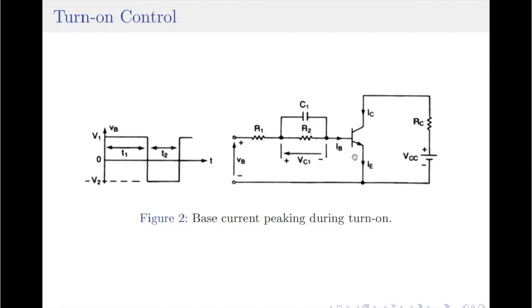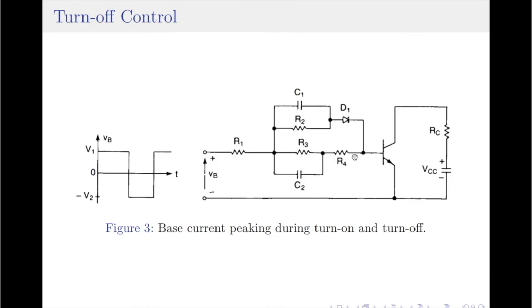On the other hand, if you want different turn on and turn off times, then you will use a circuit as shown in the figure here. The circuit construction is very similar to what we have for the turn on control, except that we have more components added. The diode D1 is a very important component here because it isolates the turn on time and turn off time.